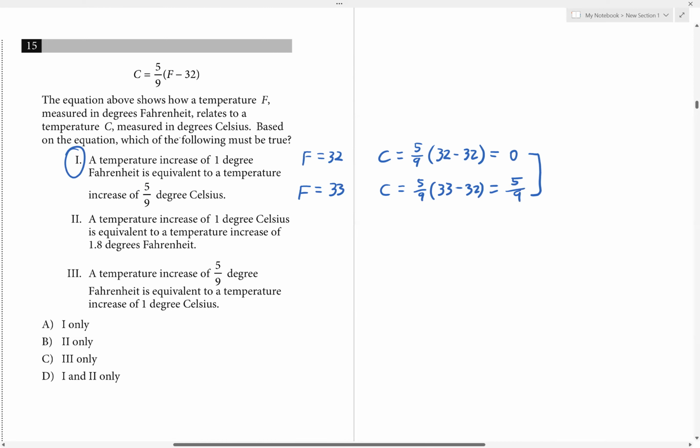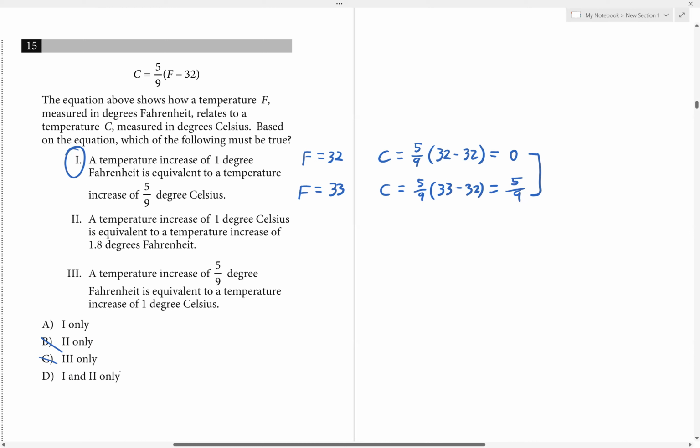So we're going to look at the answer choices. This is interesting. For a Roman numeral question like this, you always want to eliminate wrong answers as you go. If we're confident with statement 1 being correct, we can eliminate B and C. We only have answer A or D left, and A says 1 only and D says 1 and 2 only.